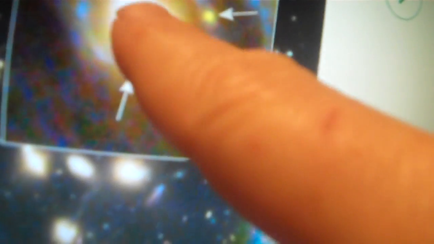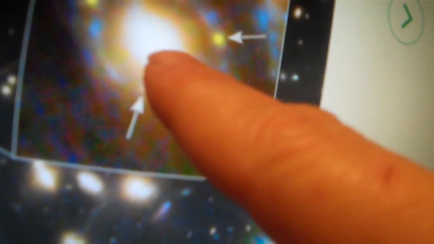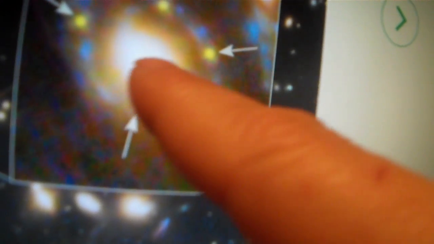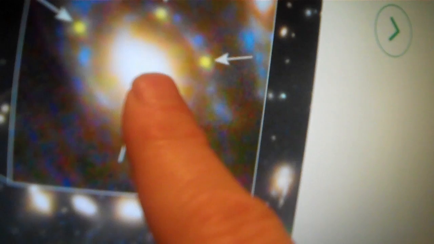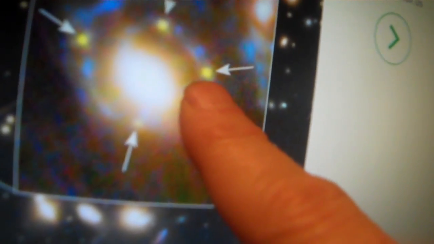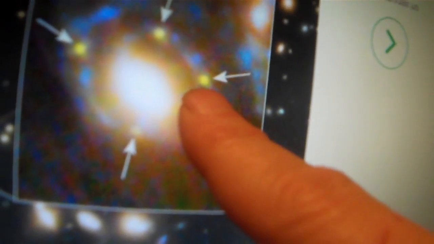Number 2. The center of this object wouldn't be just this. It's something narrower than this white blob, and if that was suspected to be the gravity source, we could say half its diameter, so we're already probably 4 R's worth of distance.